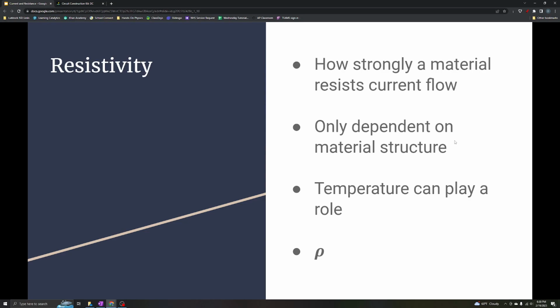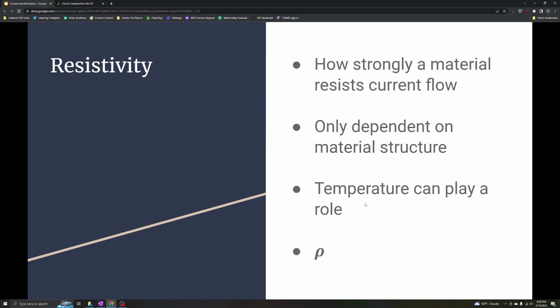We should know that electrons flow because they've got a loosely bound structure, and different types of materials are going to be bound tighter or looser than other materials. And so it stands to reason that it's going to be easier to get the electrons to move in some materials than others. And that quality of how hard or easy it is to pass a current through something, we call resistivity. And in our equations, we use the variable rho for it.